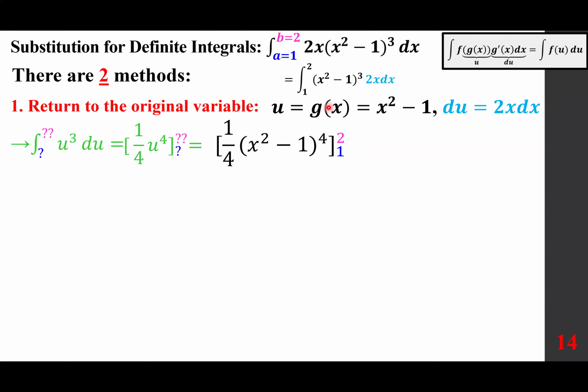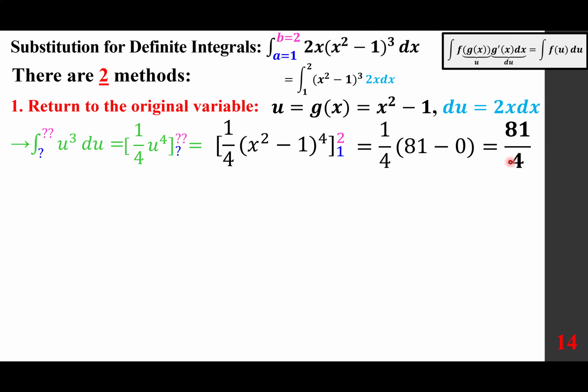So if I plug in 2, 2 squared is 4, minus 1, I get 3. 3 to the power of 4 is 81. If I plug in 1, 1 squared minus 1 is 0, and 0 to the power of 4 is 0. So I get 1/4 times 81 minus 0, 81 over 4, and I'm done.